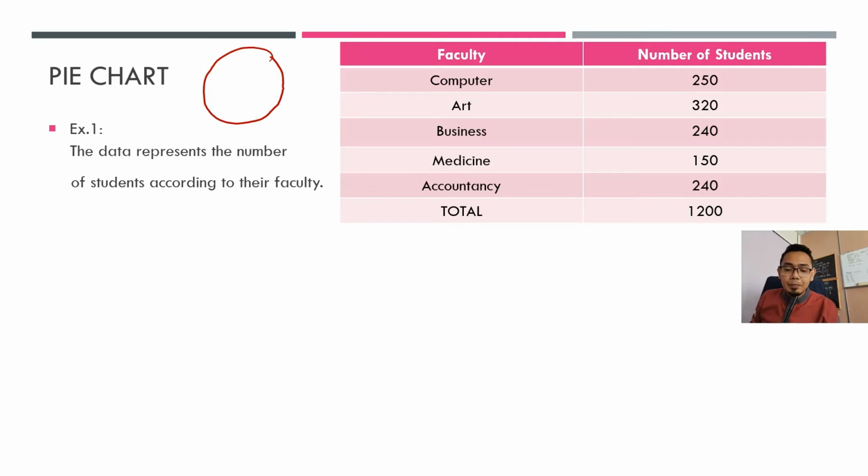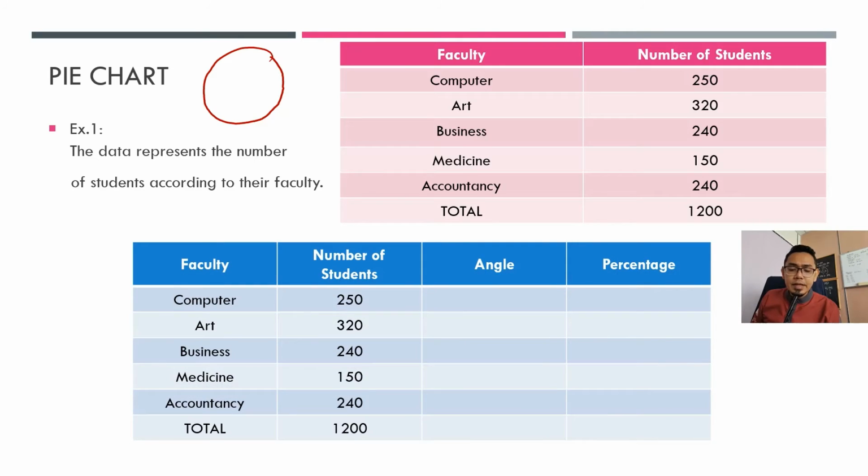Firstly, you have to find the angle and percentage for each faculty. How do we find the angle? We know that a circle has 360 degrees. We want to know, for the first one, faculty of computer, how many degrees does it represent in the pie chart?